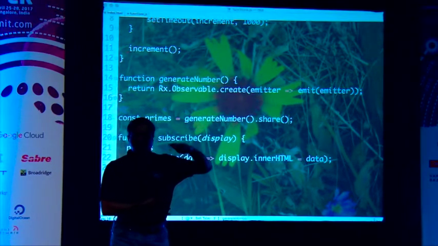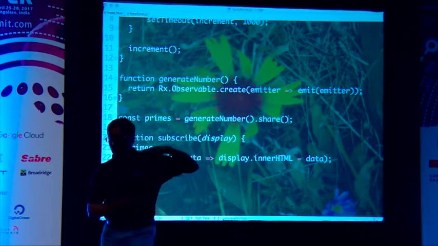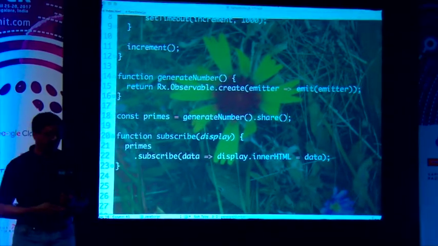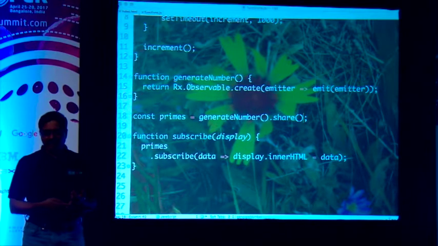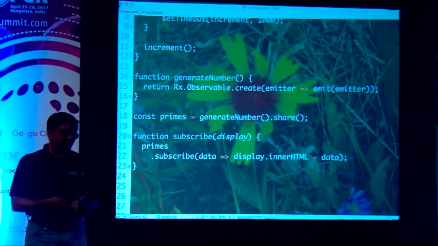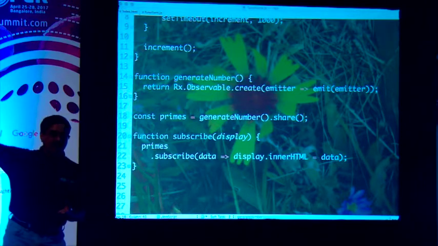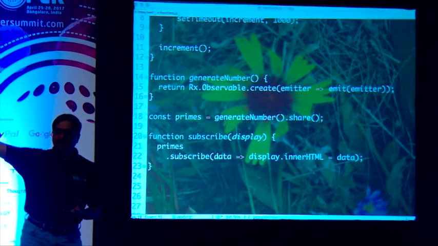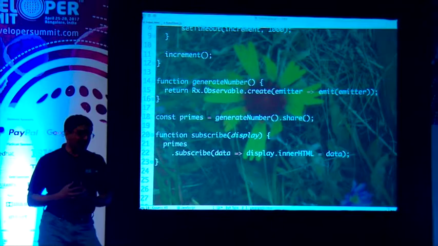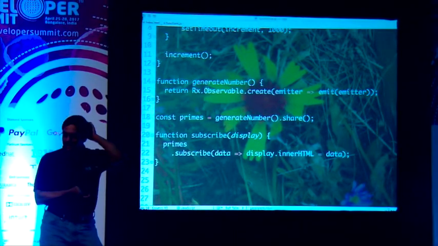This is one of the beautiful things about reactive observables. They're extremely modular, extremely cohesive. They focus on the single responsibility really well. And the observable says, my responsibility is to generate these numbers for you. I don't care about anything else. This guy says, my job is to share the sessions.